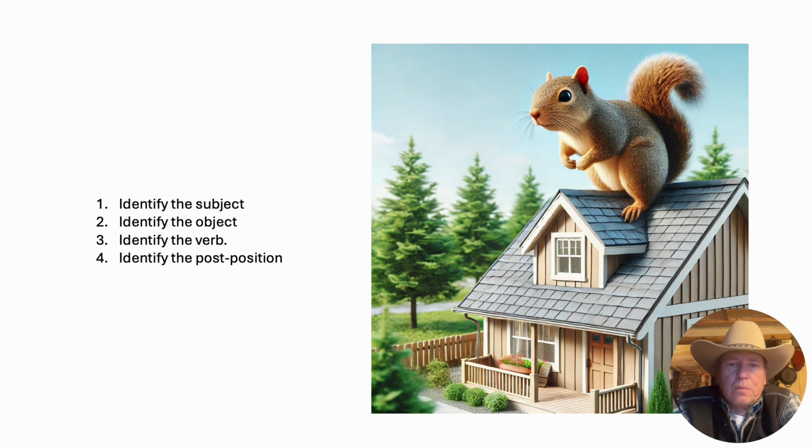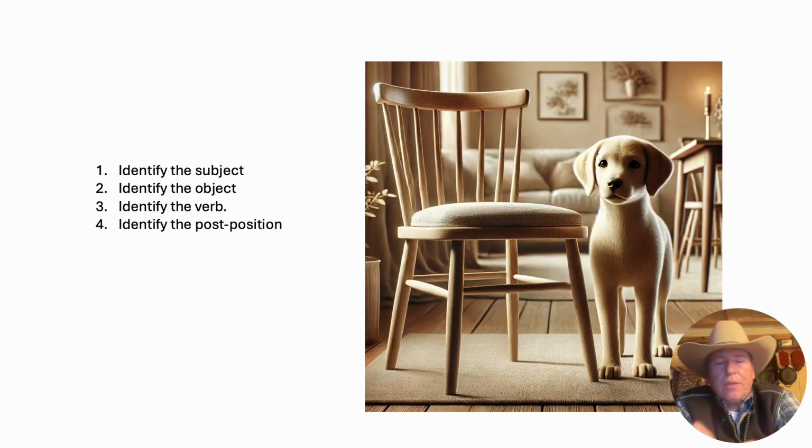It's a big squirrel. Okay, this one, subject, object, verb, and postposition. We didn't cover chair. Chair is oankanke. And so you just plug everything in. Just keep that formula. So the subject is dog, shunka. The object is the chair, oankanke. The verb, he's standing, naji.